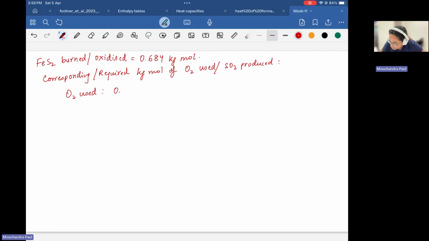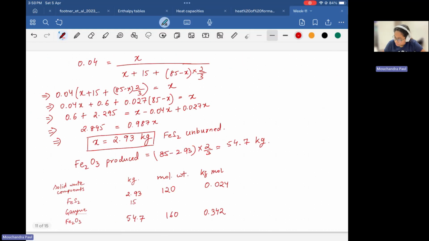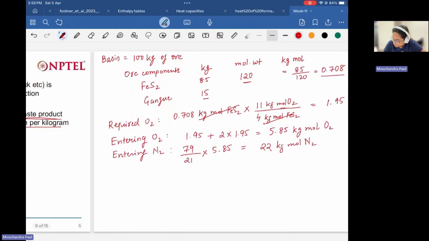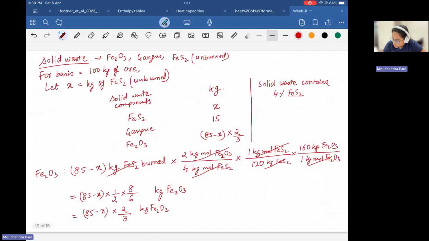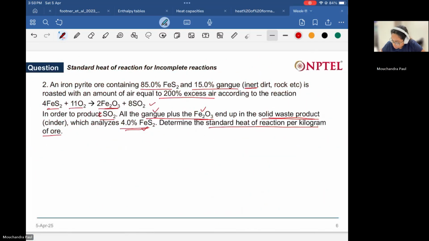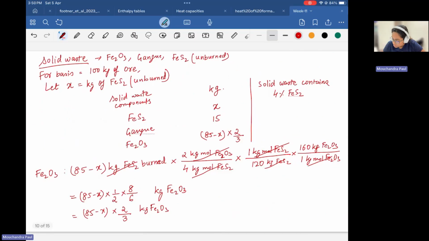For 0.684 kg mole of FeS2 that is burned, the reaction proceeds according to stoichiometry, which says it needs 11 moles of O2 for 4 moles of FeS2.